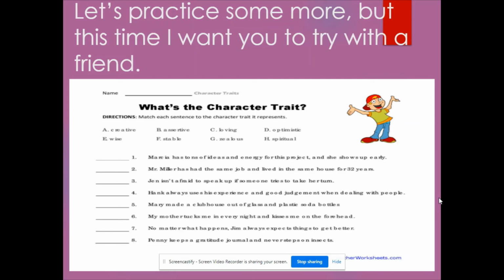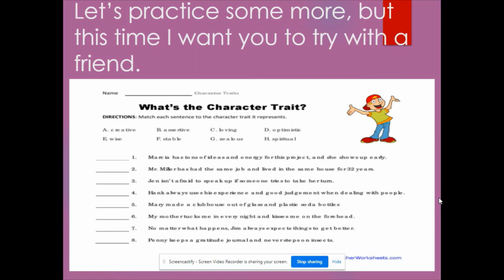So first I'm going to identify my character, and my character is Marcia. That's right. Then I'm going to say that Marcia is probably a zealous person because she has a lot of ideas and she has a lot of energy and she is ready to work. So, yep, I'm sticking with it and I'm going to say G is the final answer.